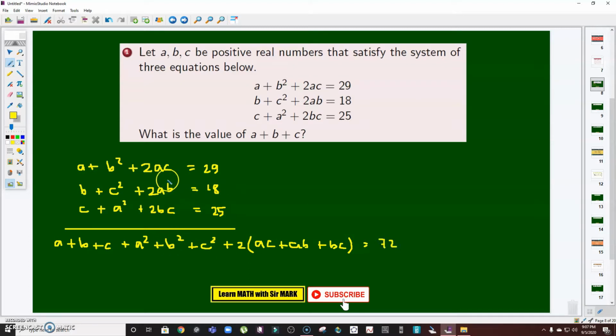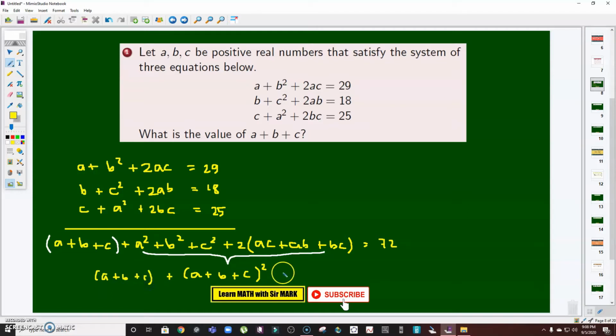Now, by carefully observing the sum on the left side of the equation, if you group the first 3 terms, you will notice that this is actually A plus B plus C squared. It's just the square of the trinomial A plus B plus C. So like I said, it's not that difficult as it looks.